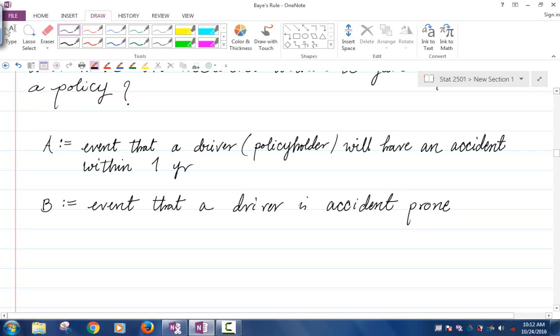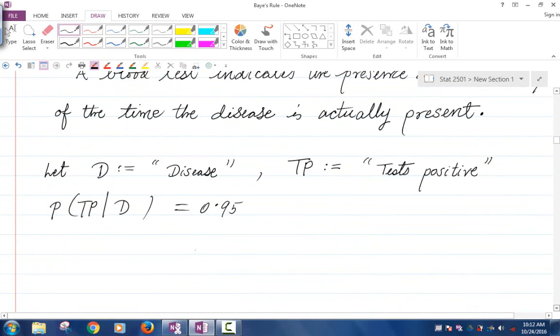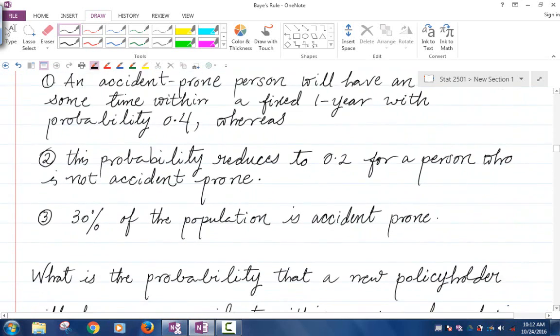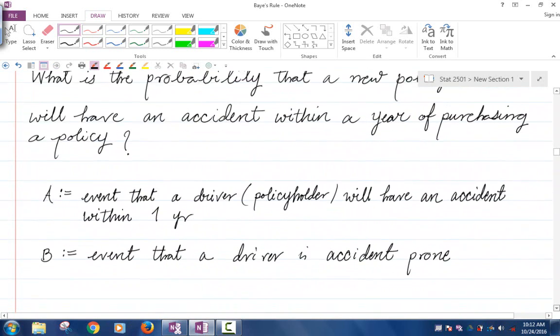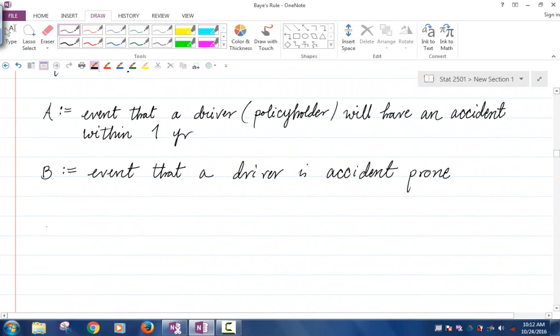The question was: what is the probability that a new policyholder will have an accident within a year. So we need to find the probability of A.